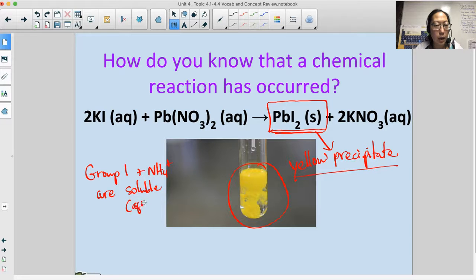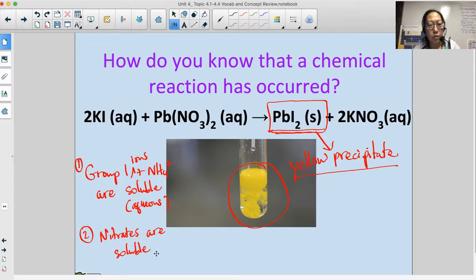So if you see any compound that has group 1 cations, okay, or ammonium cation, these are soluble. They will form aqueous solutions. So that's one rule you need to memorize. And then the second is that nitrates are soluble.